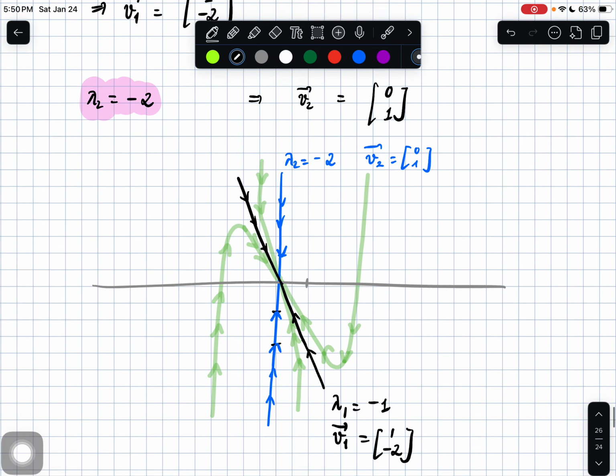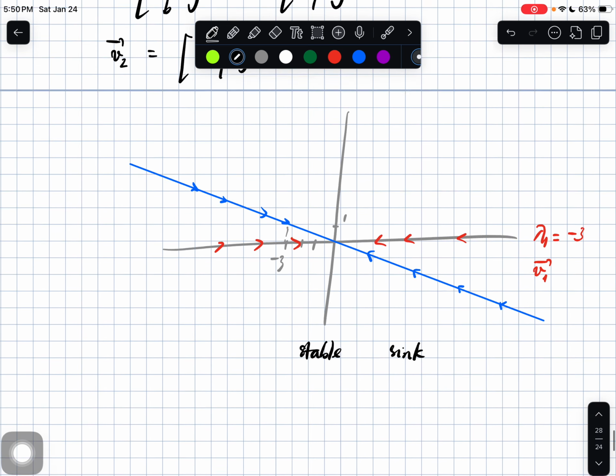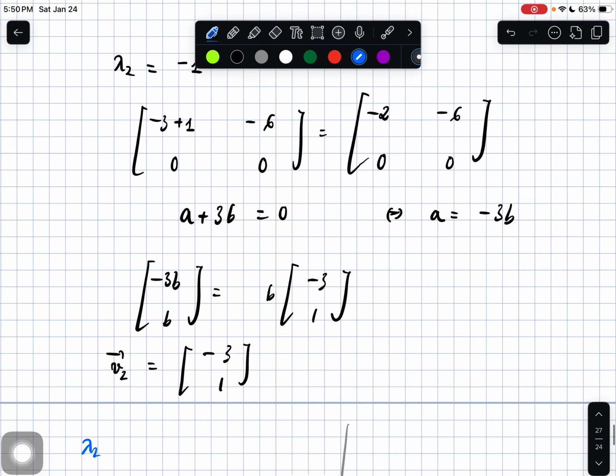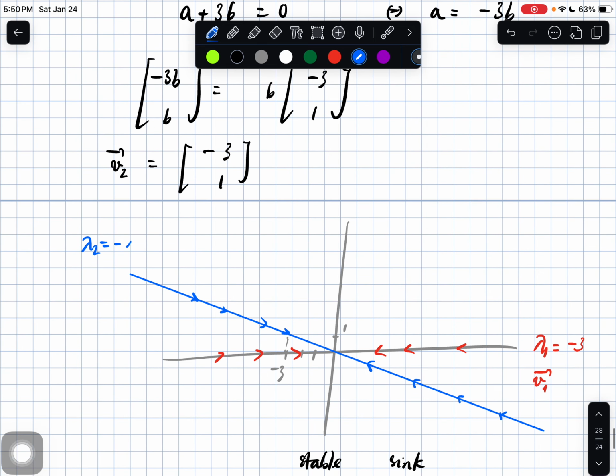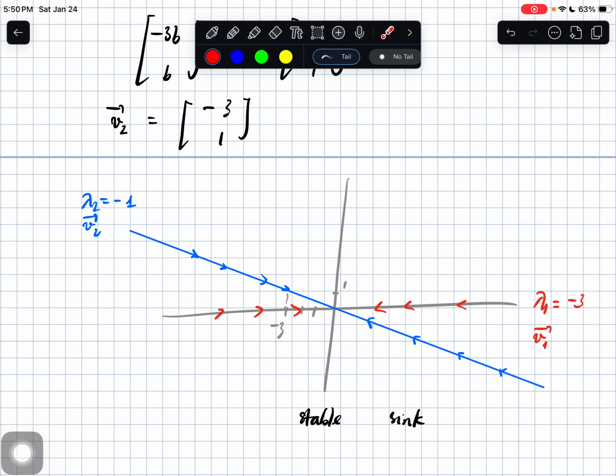I should note that here too. Stable sink. Lambda 2 is minus 1, V2. So when t tends to infinity, this exponential minus 3t decays so fast, we follow the blue one.